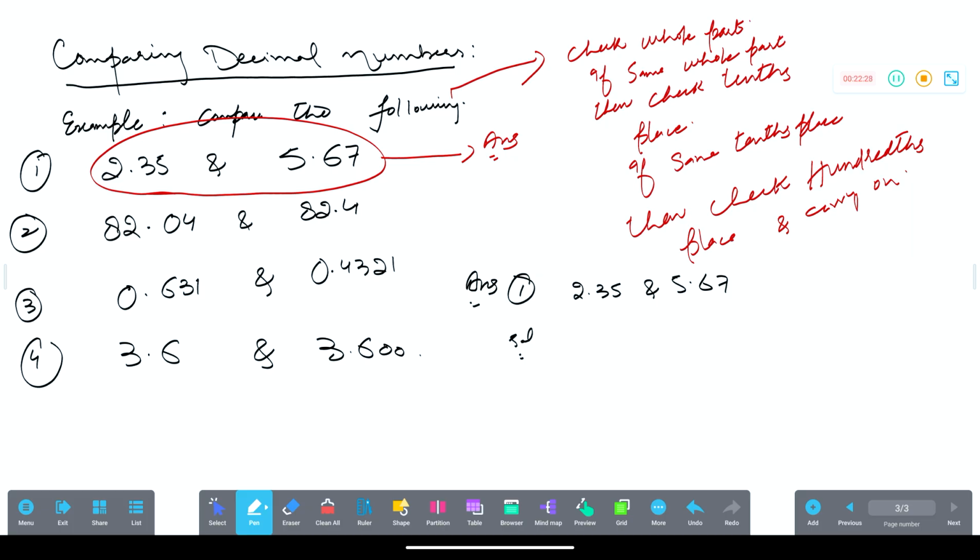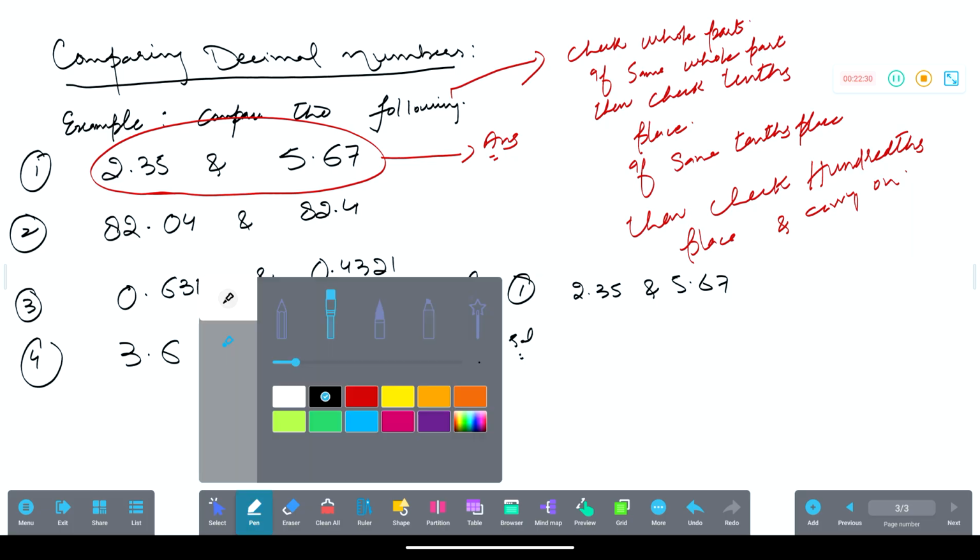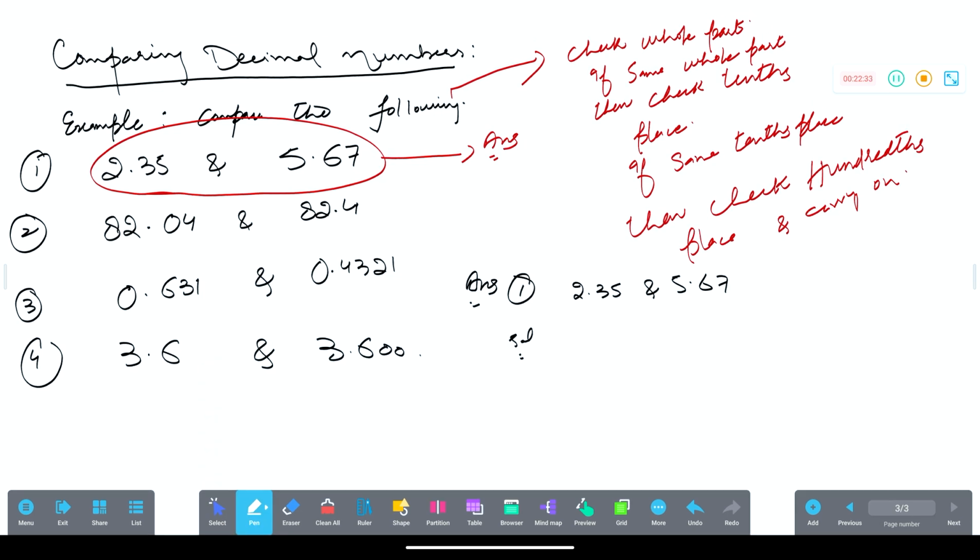You can see here, the first decimal number is having whole part 2 and the second decimal number is having whole part 5. So there is clearly a difference. It's clear that from the whole part, without going to the decimal part, 2.35 is less than 5.67. क्यों? क्योंकि यहाँ पे डायरेक्टली whole part में ही difference दिख रहा है. You need not go for the decimal part. So this part is done. Whosoever is having whole part greater will be considered as greater.